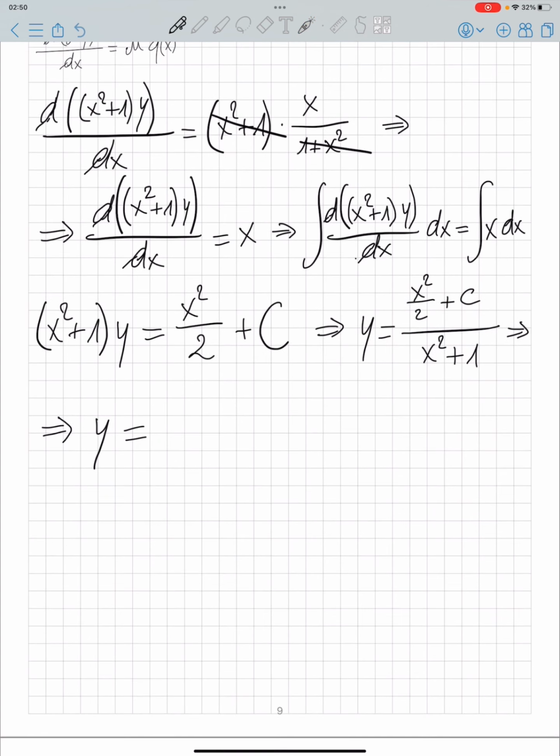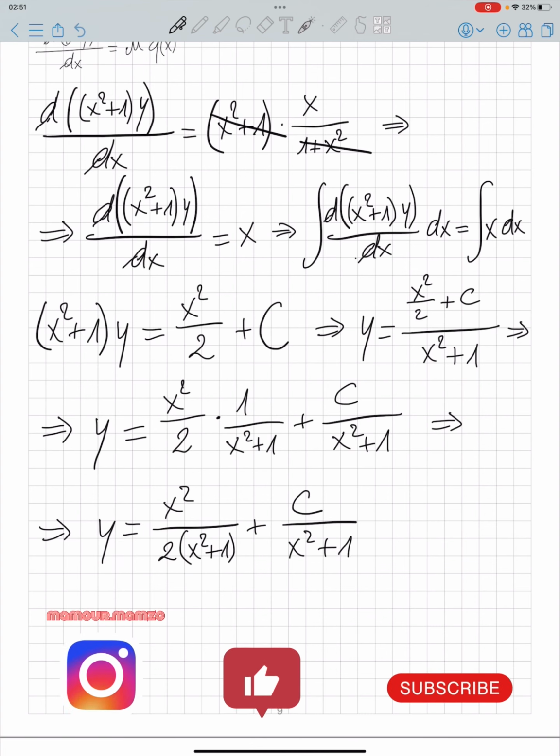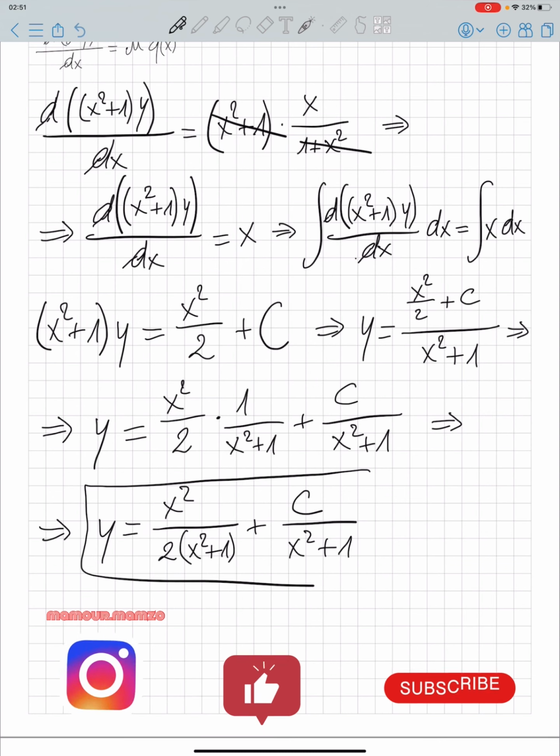So y is equal to x squared over 2 divided by the denominator, so we can write 1 over x squared plus 1, then the second plus c over x squared plus 1, right? So this implies that y is equal to x squared over 2 times (x squared plus 1) plus c over x squared plus 1, and that is our result.